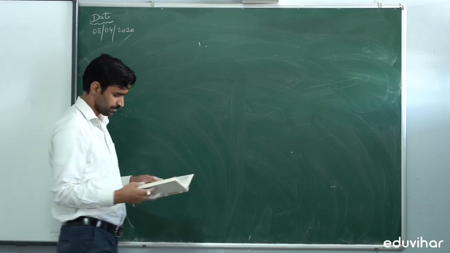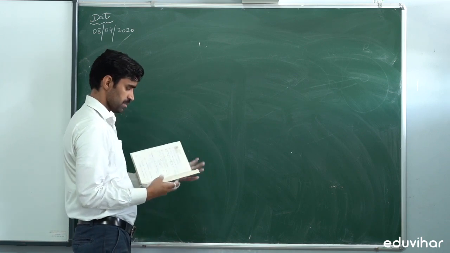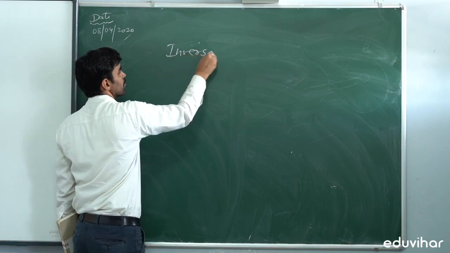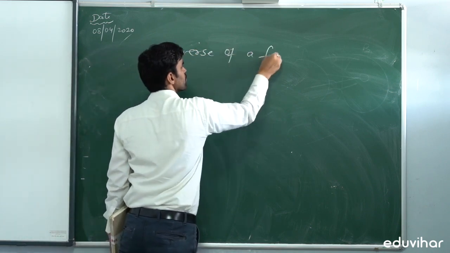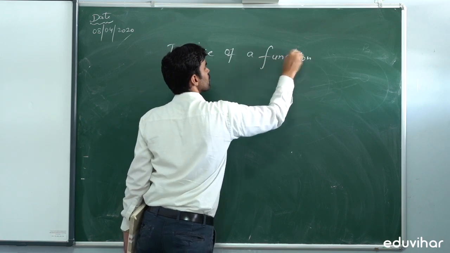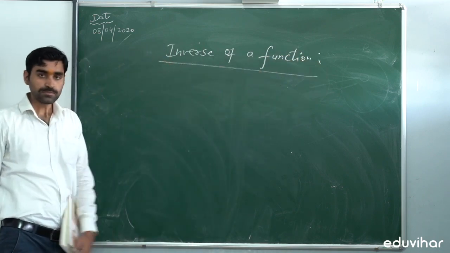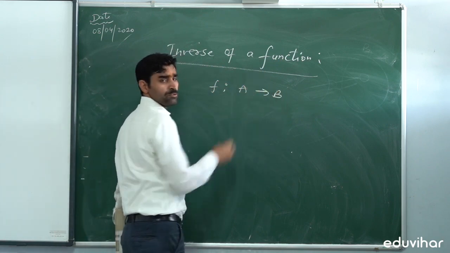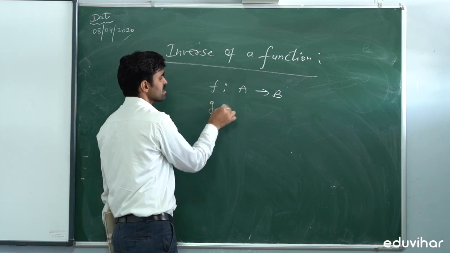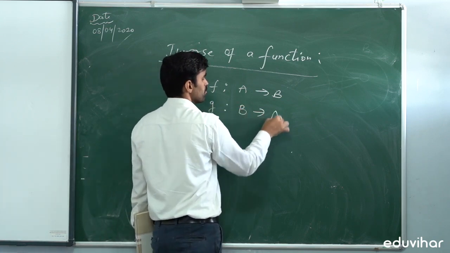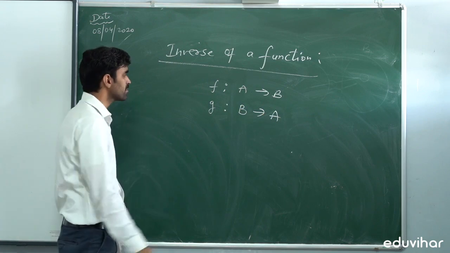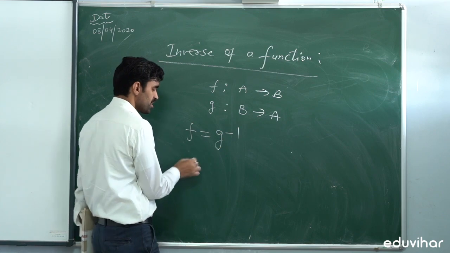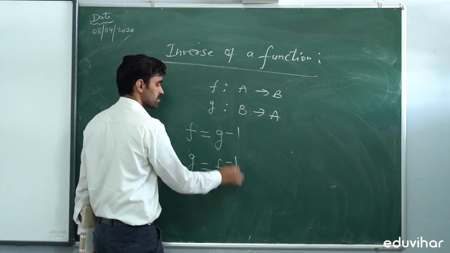Now, inverse function. Inverse of it. If a function f goes from A to B and we have another function g that goes from B to A, then f and g are inverses of each other. You can say f equal to g inverse or g equal to f inverse.